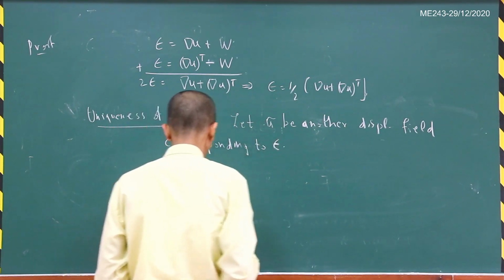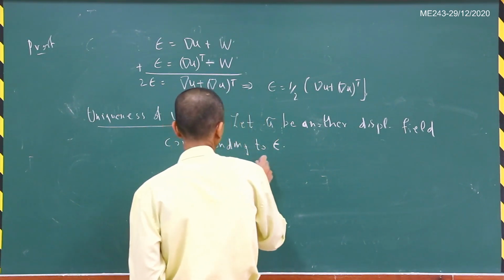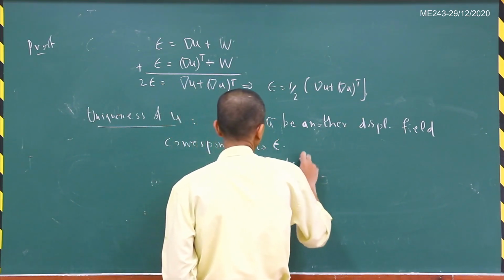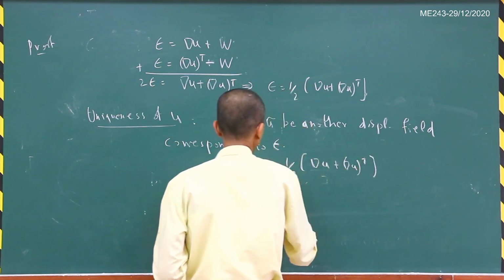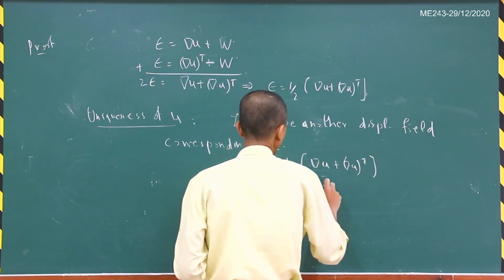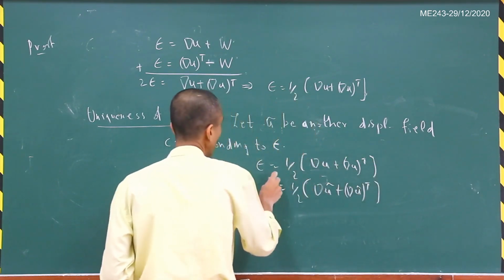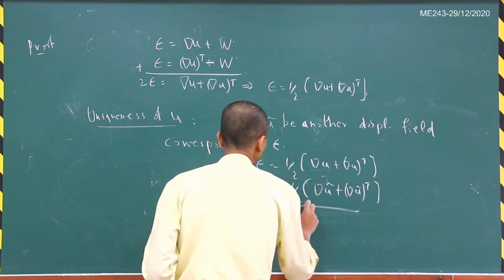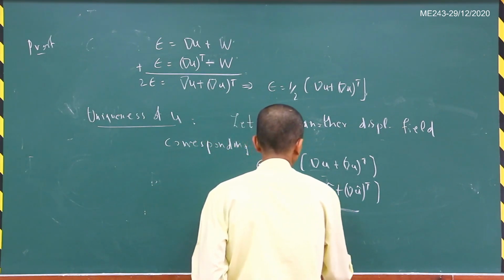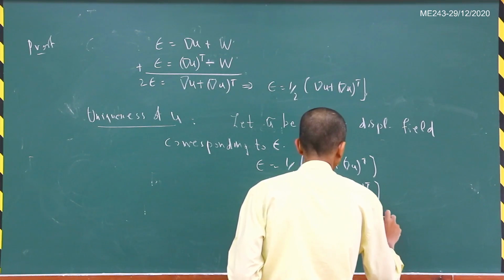So we get that epsilon is equal to half of del u plus del u transpose, and this is also equal to half of del u tilde plus del u tilde transpose. Then if you subtract the two, you get 0 is equal to half of del of (u minus u tilde) plus del of (u minus u tilde) transpose.